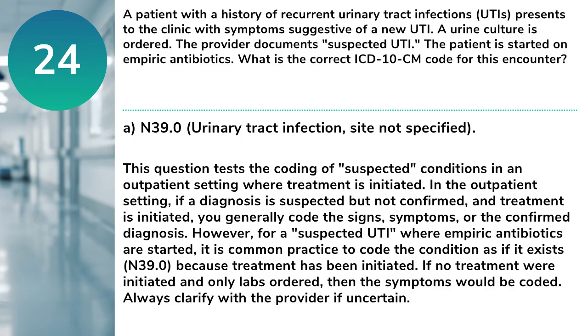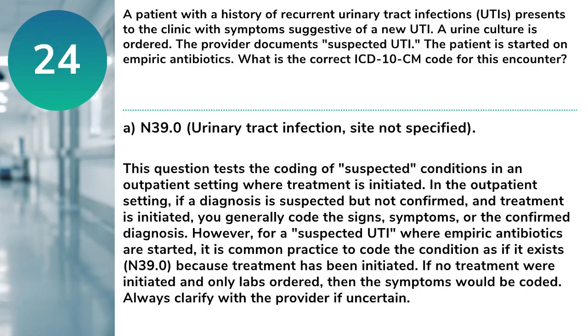Answer, A. N39.0, urinary tract infection, site not specified. This question tests the coding of suspected conditions in an outpatient setting where treatment is initiated. In the outpatient setting, if a diagnosis is suspected but not confirmed, and treatment is initiated, you generally code the signs, symptoms, or the confirmed diagnosis.